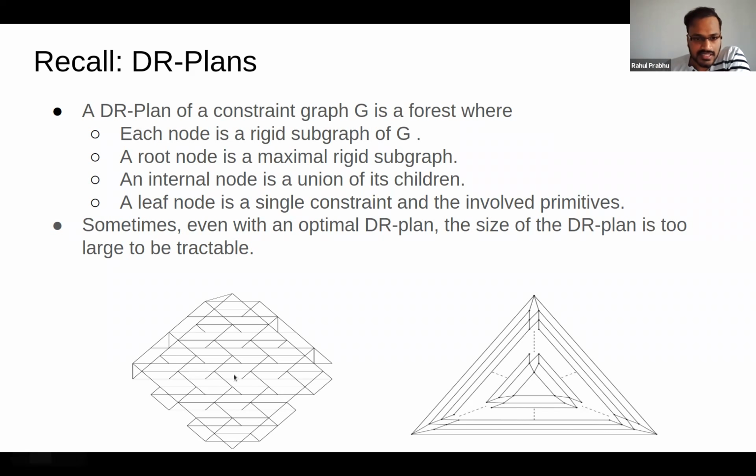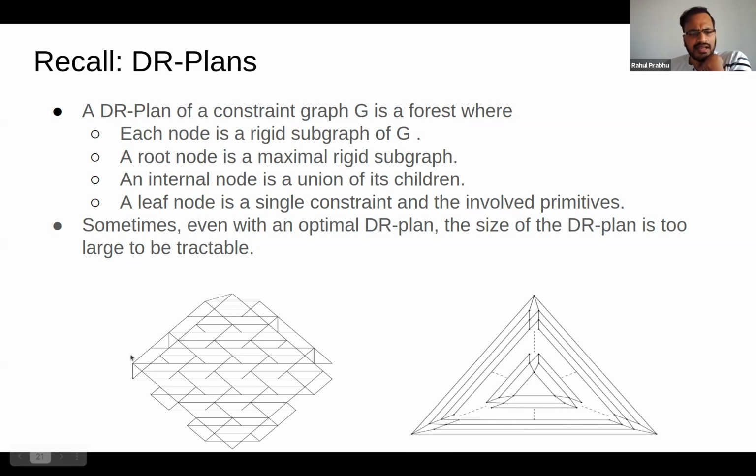So these are pictures from Mira's talk on flex DR plans. Here, both these graphs, this is in 2D by the way, do not have any non-trivial subgraph that is rigid. So there's no rigid subgraph bigger than a triangle.